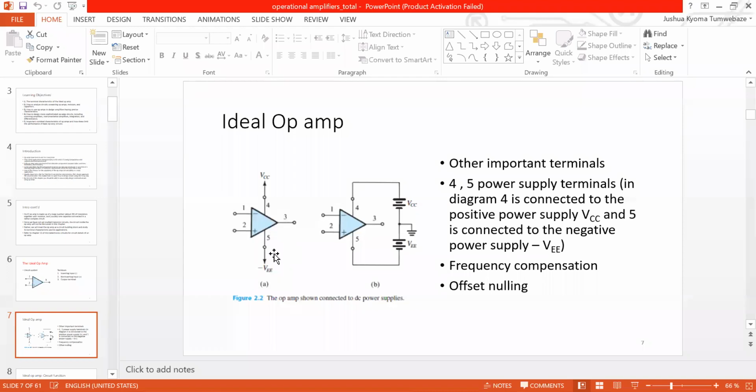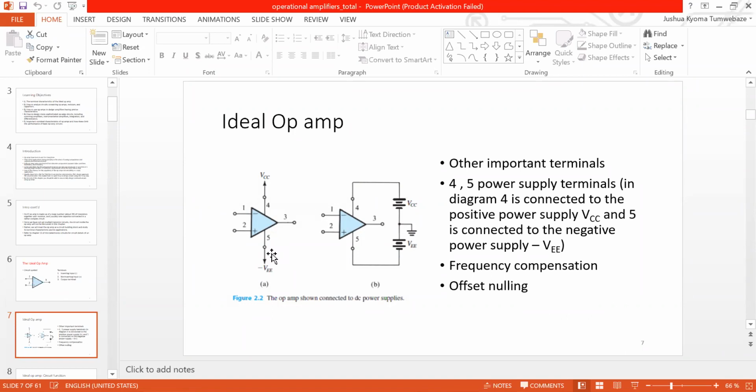These are DC power supplies. In order to get the op amp to work, you must supply it with DC power. And we'll see that for all the amplifiers which we'll use, you must supply them with DC power.